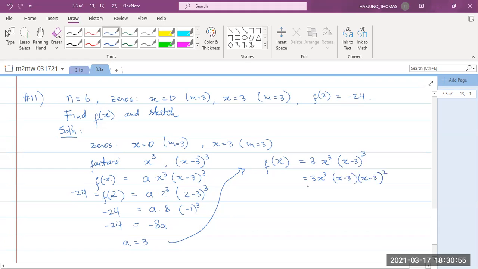So I deal with the square first, and then later on I multiply by x minus 3. X squared minus 6x plus 9.